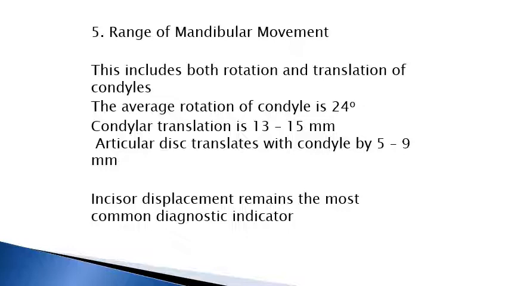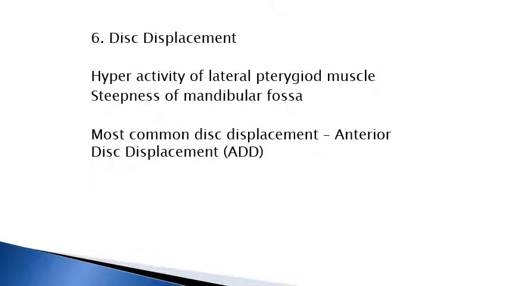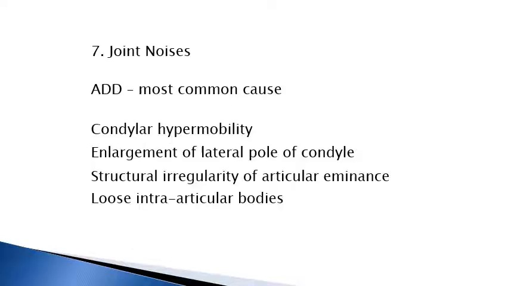These are the various ranges of your mandibular movement. Okay, and then you have a categorization of disc displacements, how much in front the disc is going, how much backward the disc. Remember, there is no displacement of disc which happens side to side.